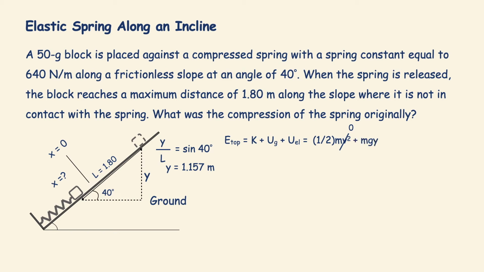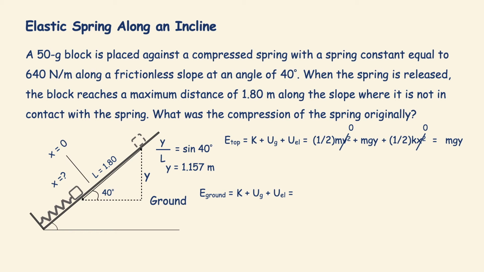Then I'll have gravitational potential energy, mgy, and elastic potential energy, which will be 1/2 kx squared by definition. Of course, the block is not in contact with the spring anymore, so that will also be 0. In short, the total mechanical energy at the highest position of the block will simply be equal to whatever it has in the form of potential energy, mgy. Remember here, y is going to be 1.157 meters as we calculated using trigonometry.